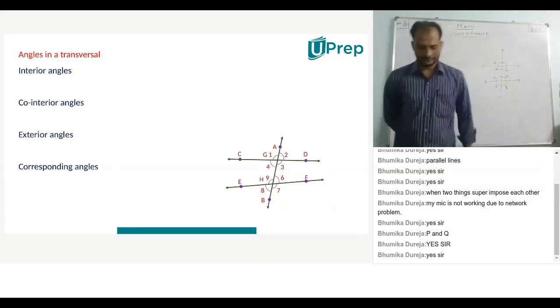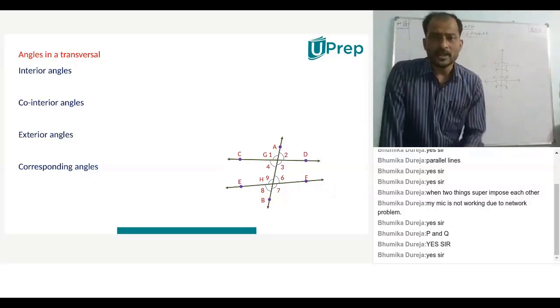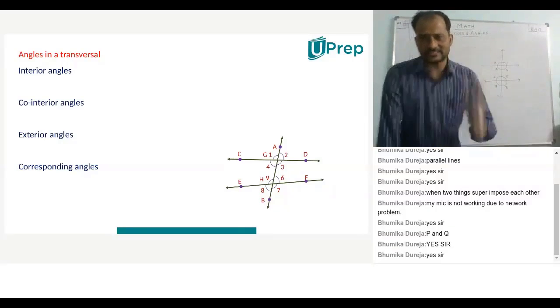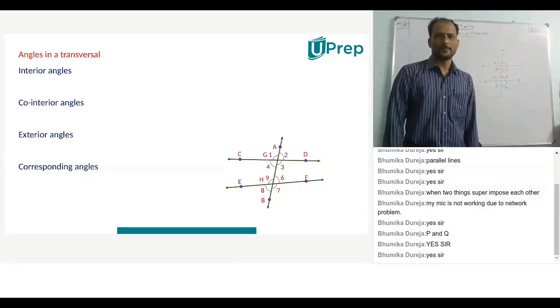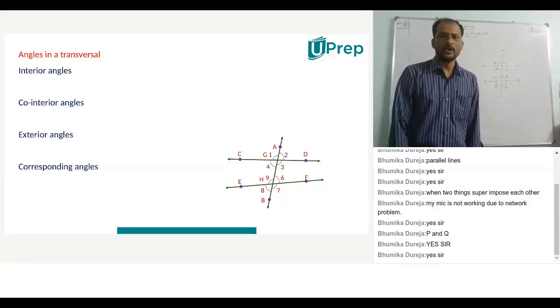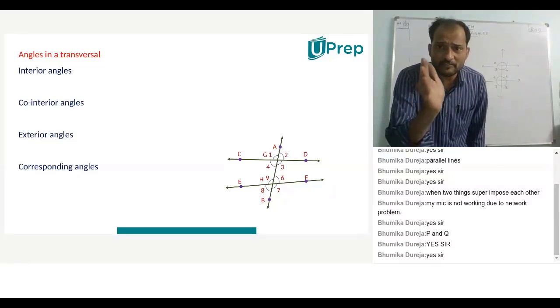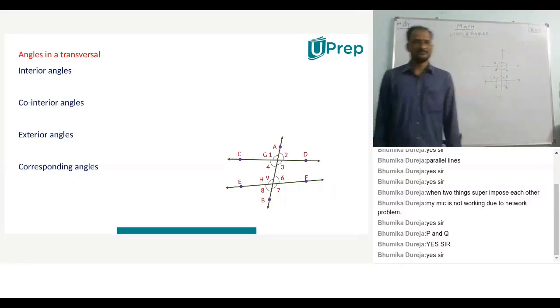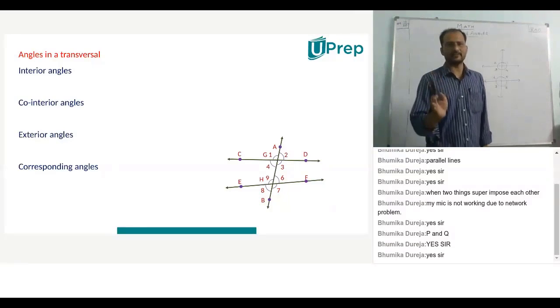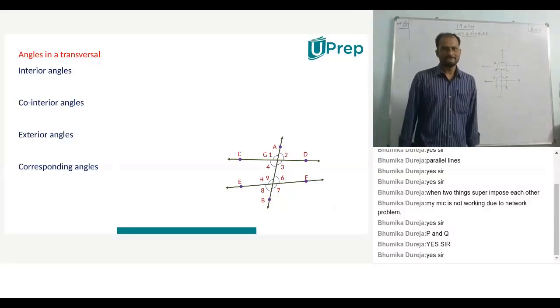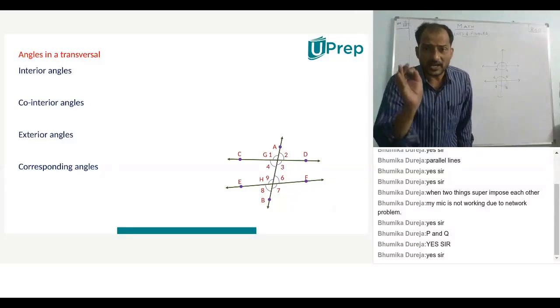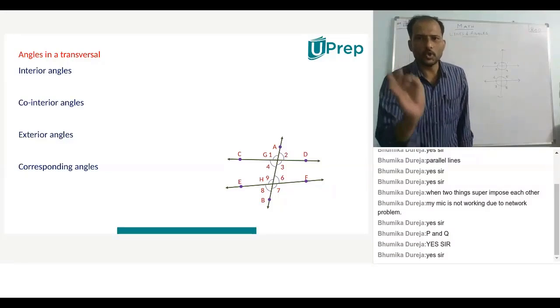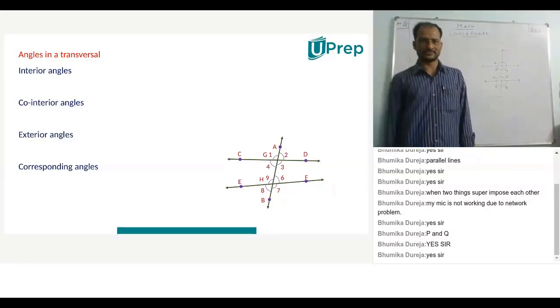Co-interior angles. Write down. The interior angles which lie on the same side of the transversal are called co-interior angles.